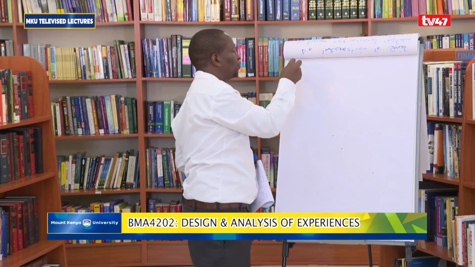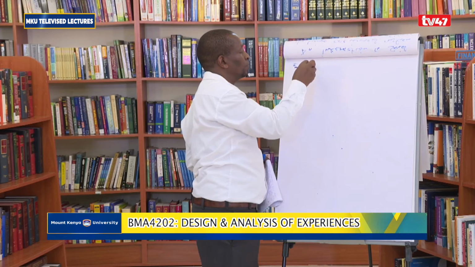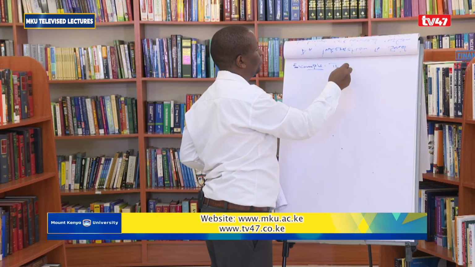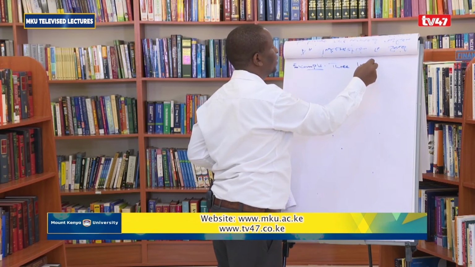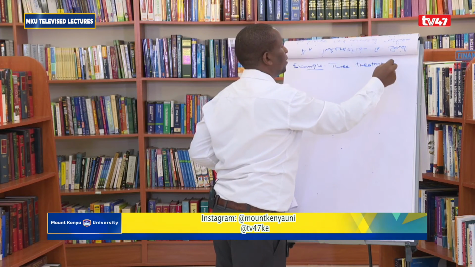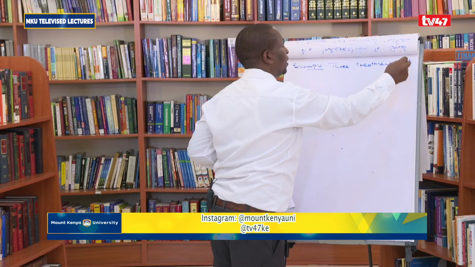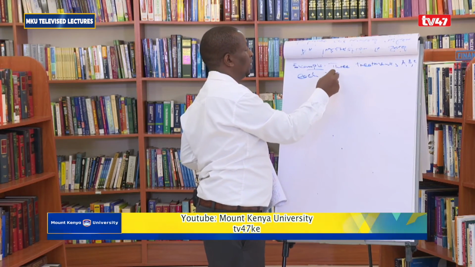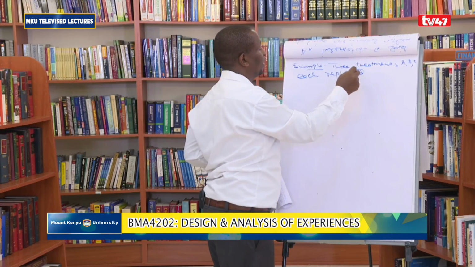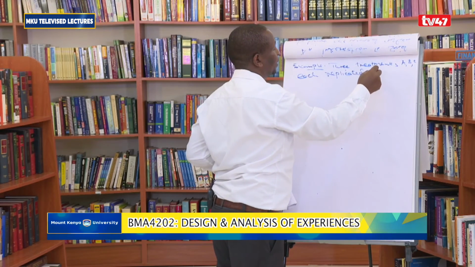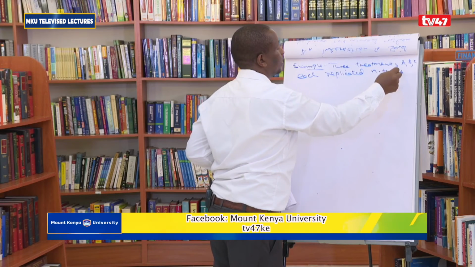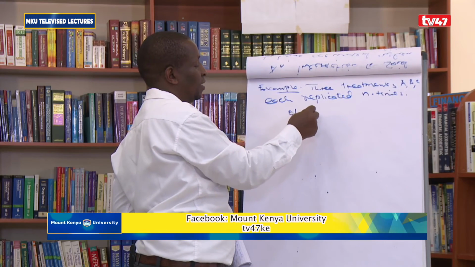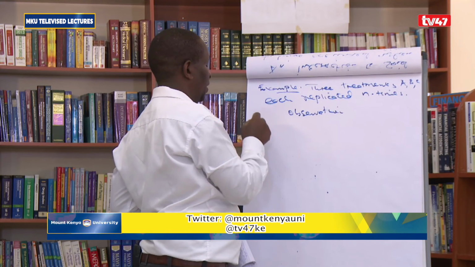Example: 3 treatments A, B, C, each replicated n times. So we have observations, we have treatments.